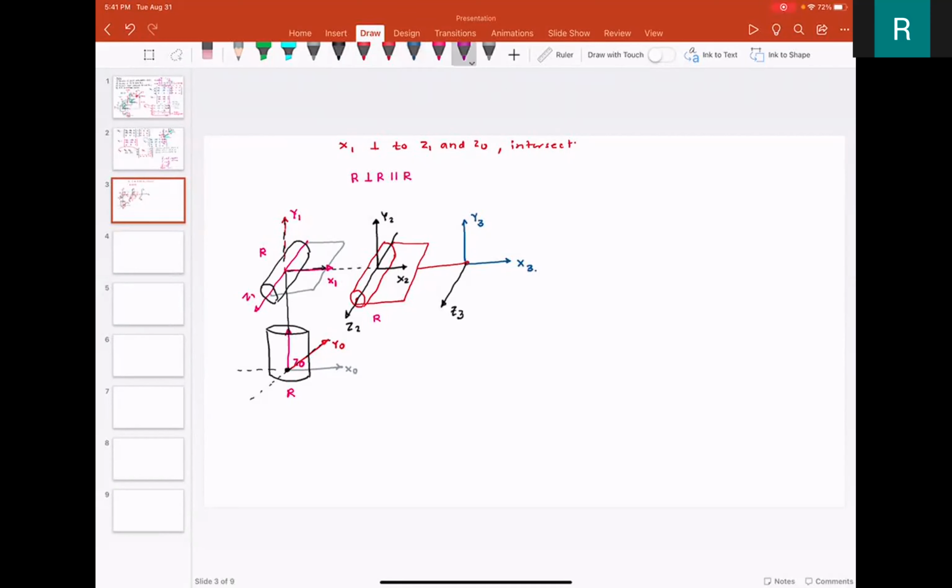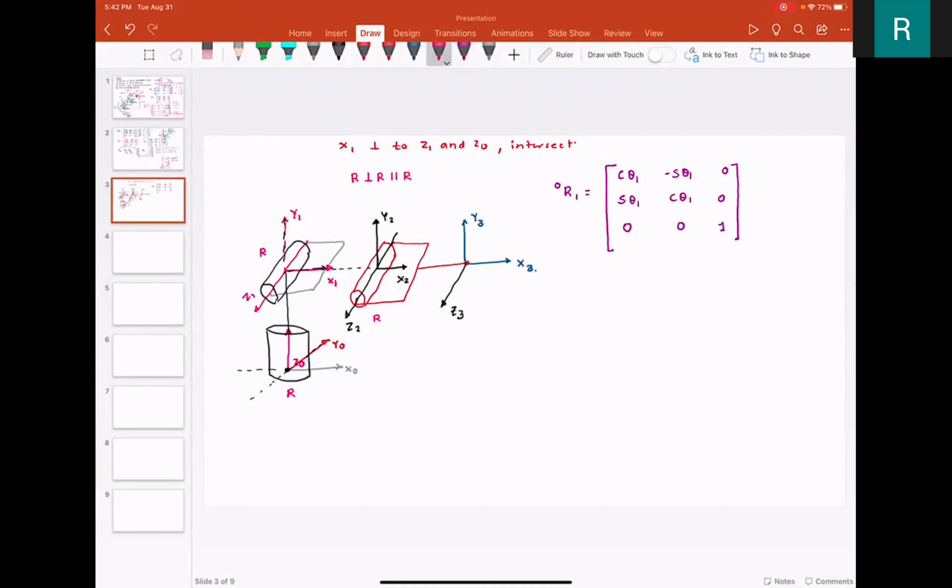So please try transformation matrices. And they are easy. R01 is cosine theta 1, minus sine theta 1, 0; sine theta 1, cosine theta 1, 0; 0, 0, 1.